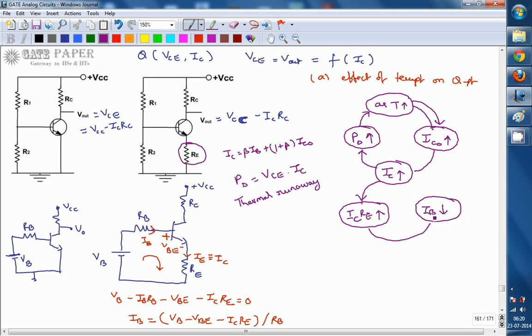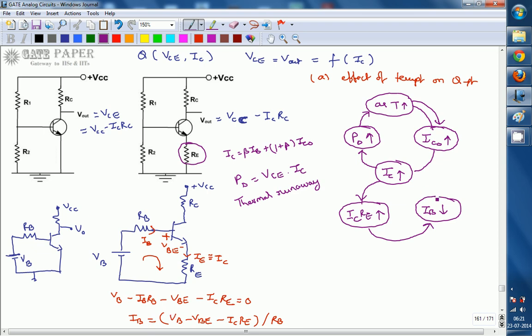It will reduce, because IB is equal to (VB minus VBE minus ICRE) by RB. VBE is constant, 0.7 volts for a silicon transistor. Now from the numerator we subtract ICRE, which is increasing, so the numerator reduces. Whenever the numerator reduces, IB reduces.